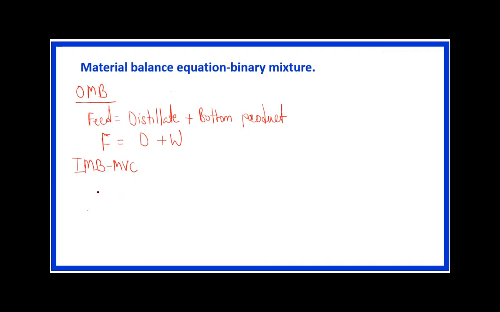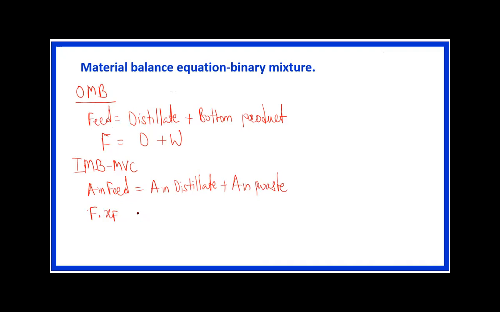MVC or for A as: A in feed equal to A in distillate plus A in bottom product or waste. So A in feed can be written as F into its fraction.